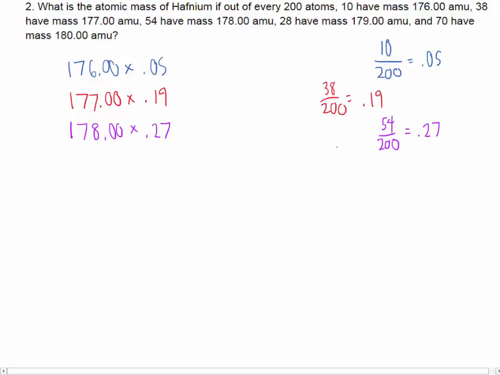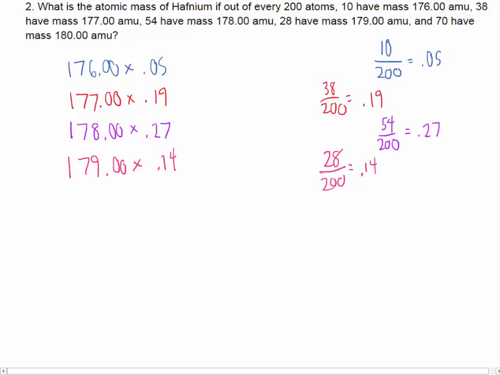Then the next isotope has, make sure I'm in the right spot here, 28 of the 200, which gives us 14%, or 0.14 as a decimal, so 179 AMU times 0.14.